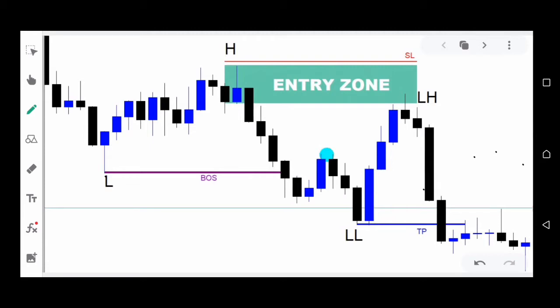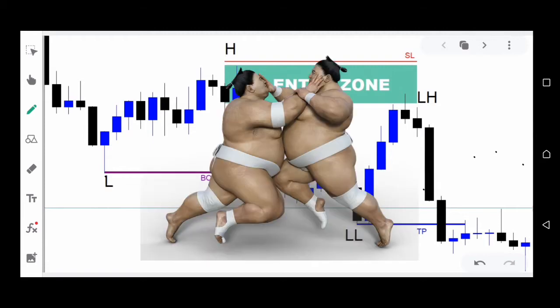Now the reason is this: the buyers and the sellers compete in the market using price. So when demand is greater than supply, buyers will be competing for the available supply in the market, and how they do that is price.